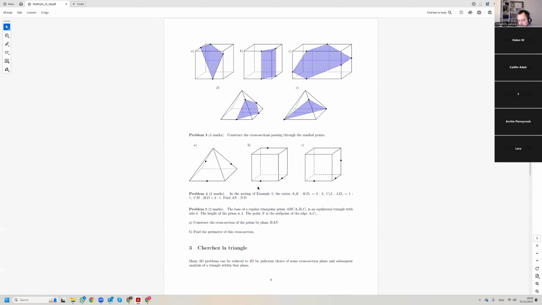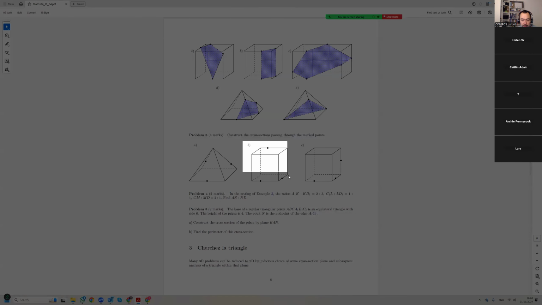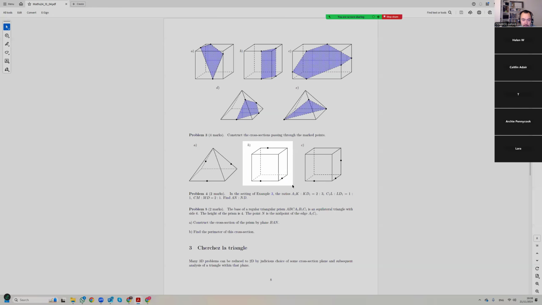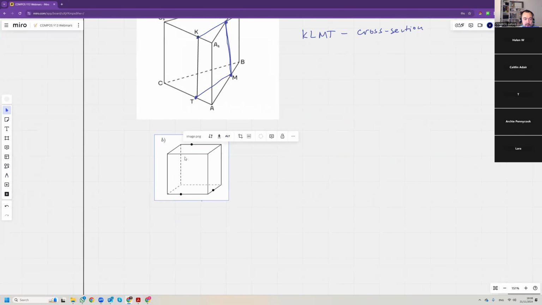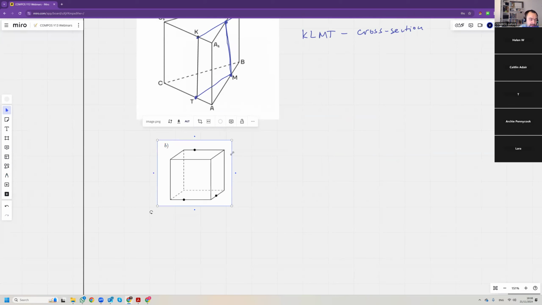Suppose I'm going to do one more. I'm not going to do this one. That would be unfair. But let's take the third point to be here rather than here.